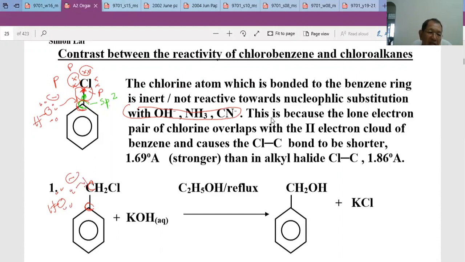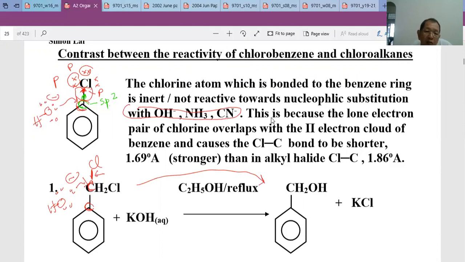Right? Because the C here and the Cl here is separated by this carbon here. So there is no overlap here. No overlap here. So this is a weaker bond. So this side here can undergo what? Can undergo a reaction. That means you can get alcohol from here.